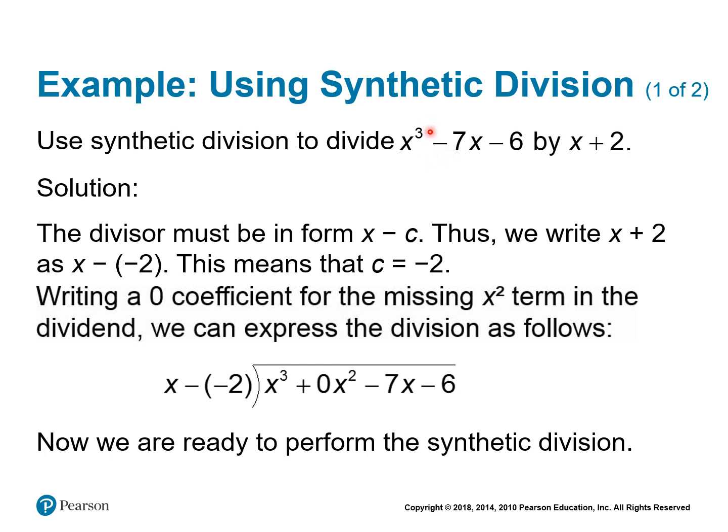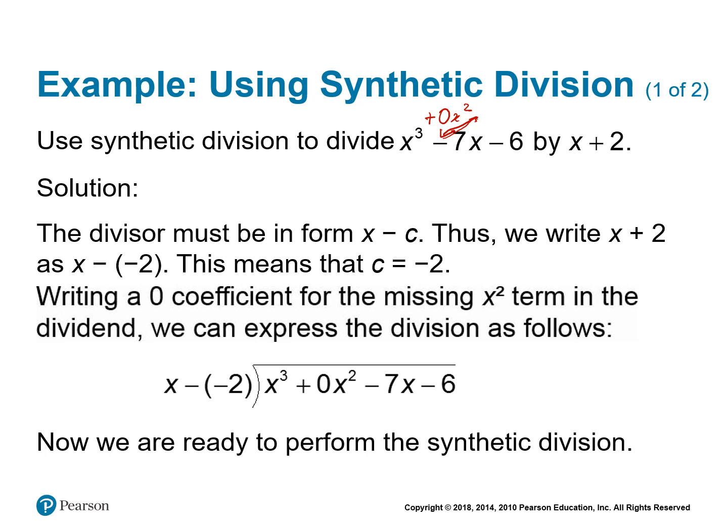We have 3 as an exponent and then 1, so x squared is missing. So we have to express the x squared by using a 0 for its coefficient. So somewhere here there has to be a plus 0 x squared and then minus 7x.